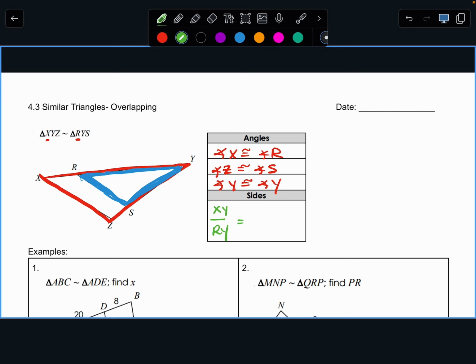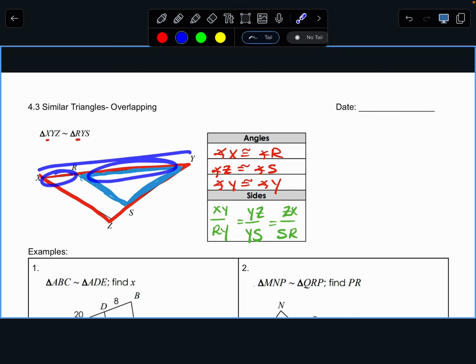And then we have YZ over YS. And then we have ZX over SR. Now these two sides obviously don't touch, but the other ones we have to be able to figure out, like that it's this piece plus this piece that makes the whole thing.